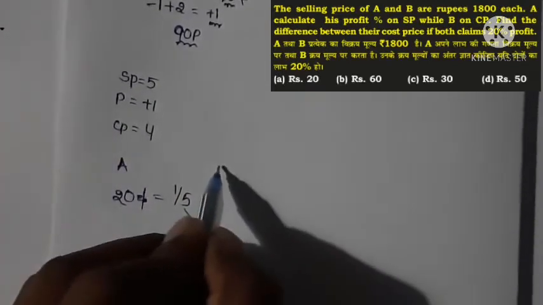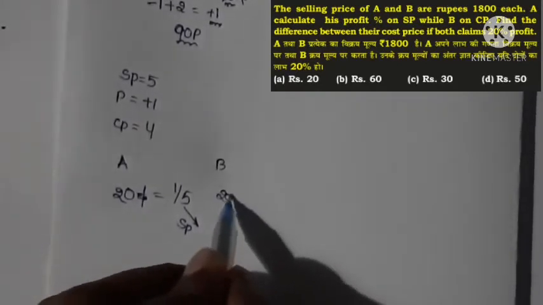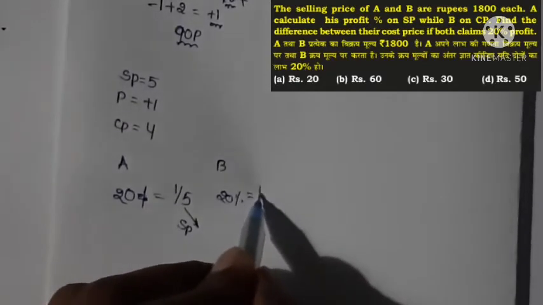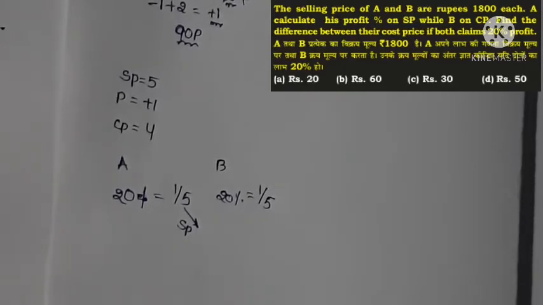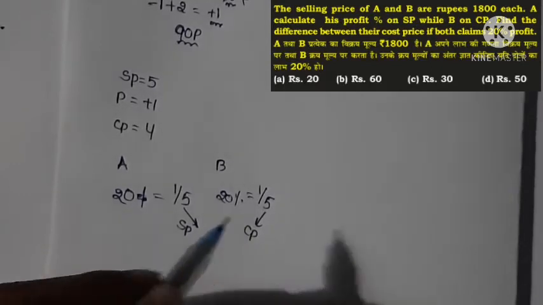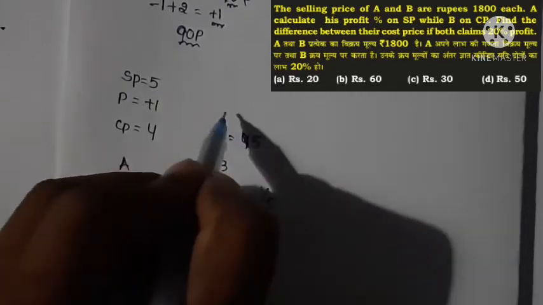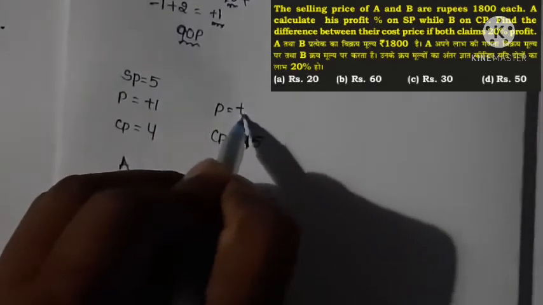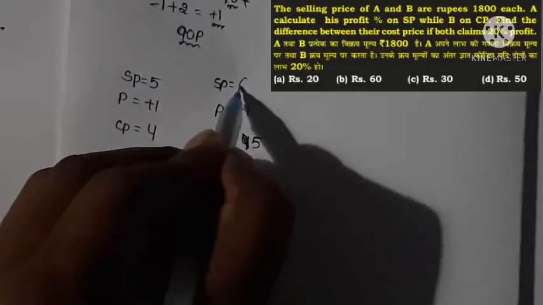So B claims 20% profit. So 20% is equal to 1 by 5. B calculates his profit on cost price. Here the cost price is equal to 5. So the profit is equal to plus 1. Then the selling price is equal to 6.